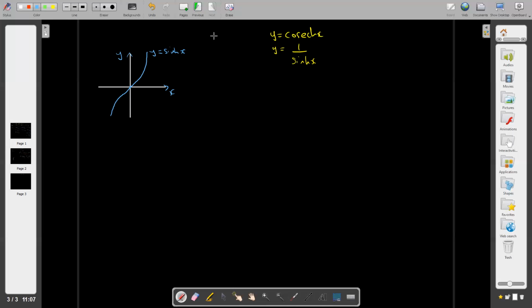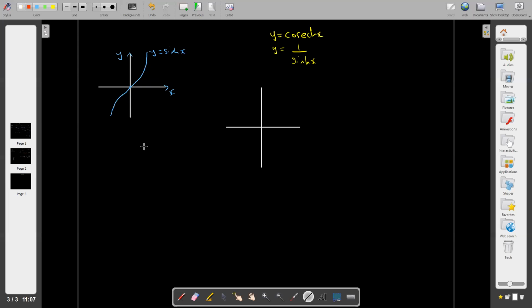So how's that going to help us with the graph? Well, let's have an axis. Okay, well, first thing we probably should think about is at 0, when hyperbolic sine is 0, and it does go through the origin, 1 over 0 is not defined.